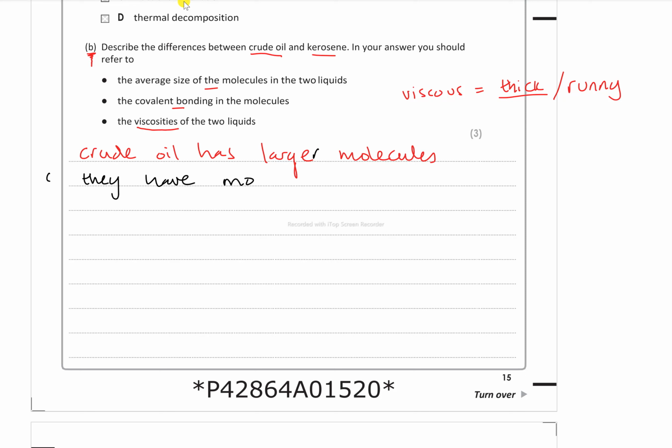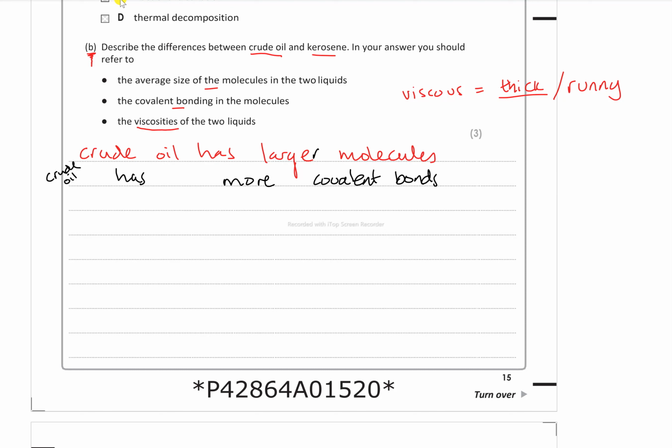Crude oil has more covalent bonds, of different strengths as well.